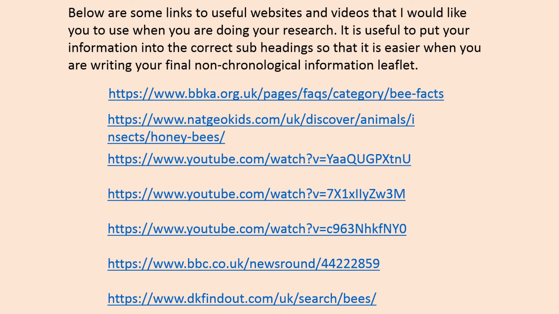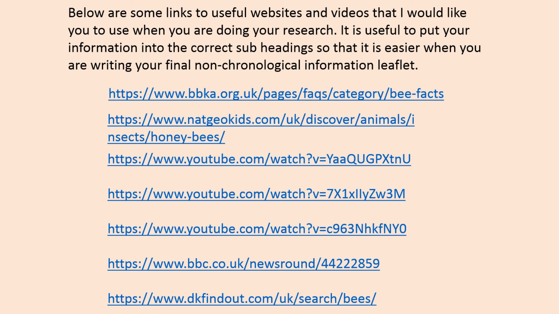If you recall from the science lesson, it was the habitat loss, it was the varroa mites, and it was also the pesticides, which was a form of poison. I'm sure you'll go through all of that in your research. And once you're done, you can take a picture and show me your great note taking for your non-chronological information leaflet.